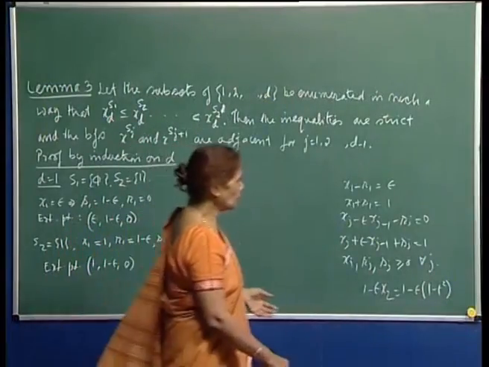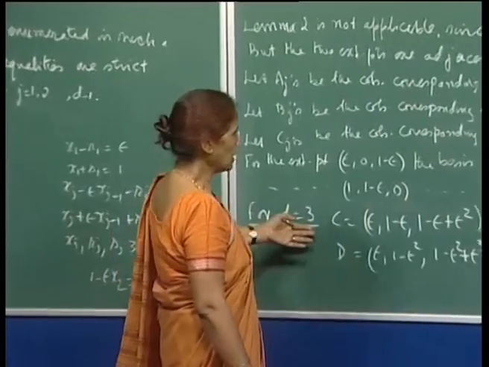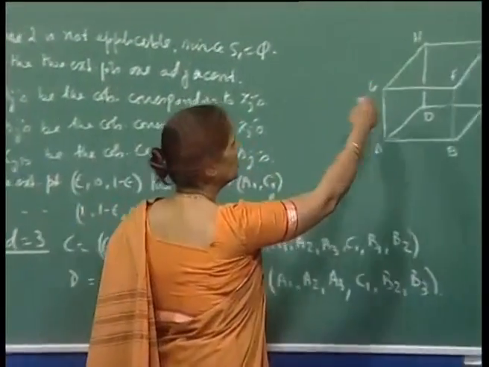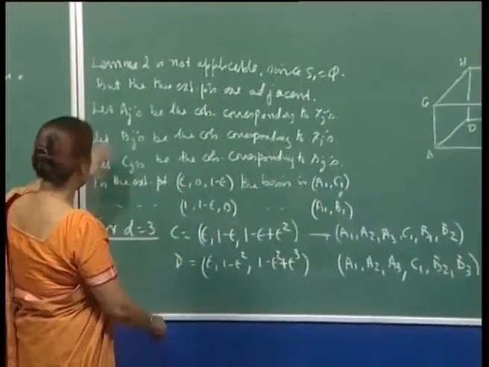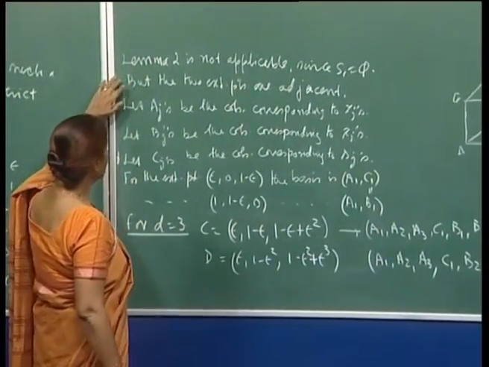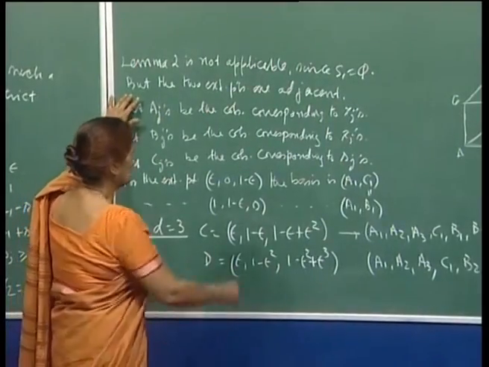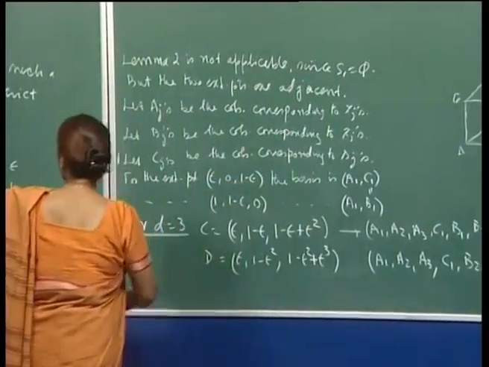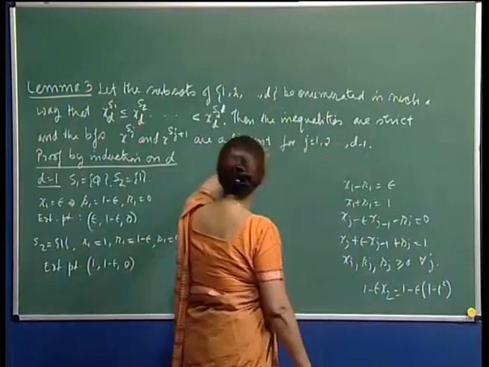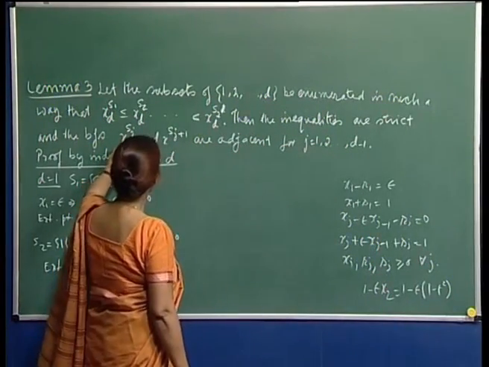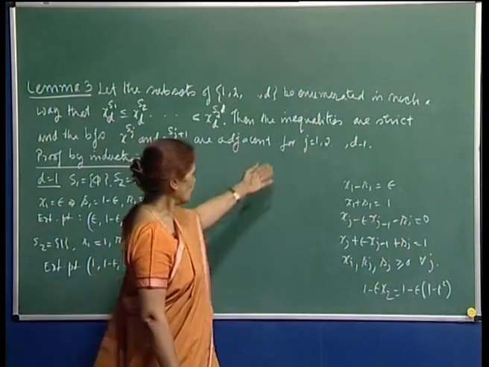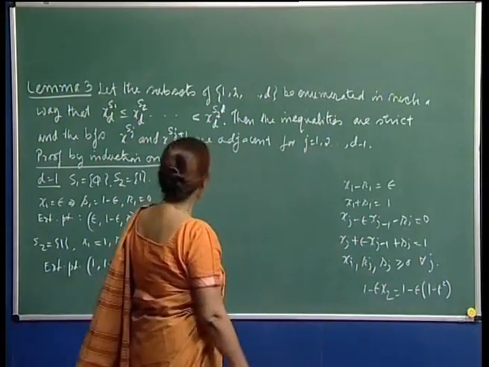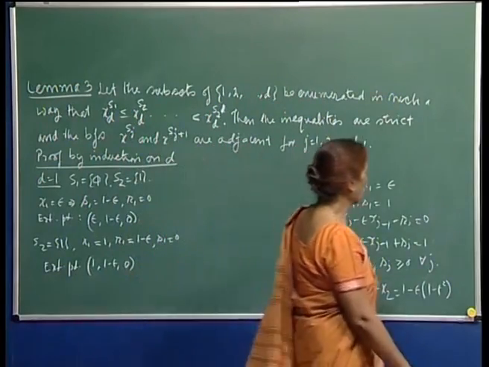So, now let us go to D equal to 3, for example, and this is the perturbed cube that we have been looking at. But before that I want to show you that the two extreme points are adjacent. That part we still have to show, right, because then the inequalities are strict, and the basic feasible solutions x S j and x S j plus 1 are adjacent for j varying from 1 to d minus 1, and so that part I want to show you.